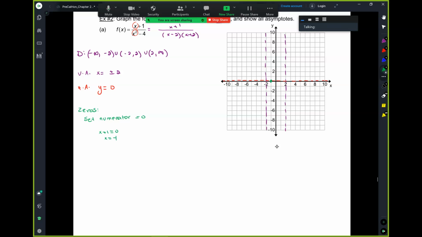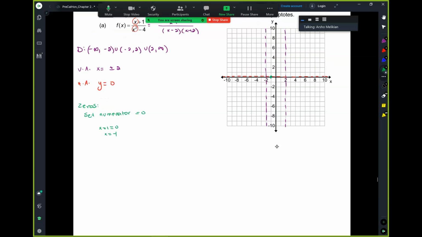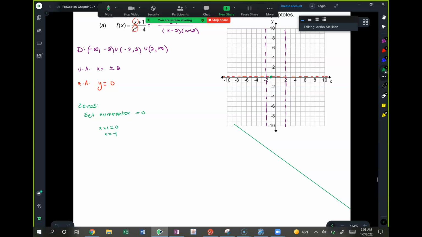Now, at this point, it's a good time to pause and talk about asymptotes. Vertical asymptotes are lines that the graph comes close to, but can never touch. The graph can never, ever cross or pass through a vertical asymptote. A horizontal asymptote, how did we define it?